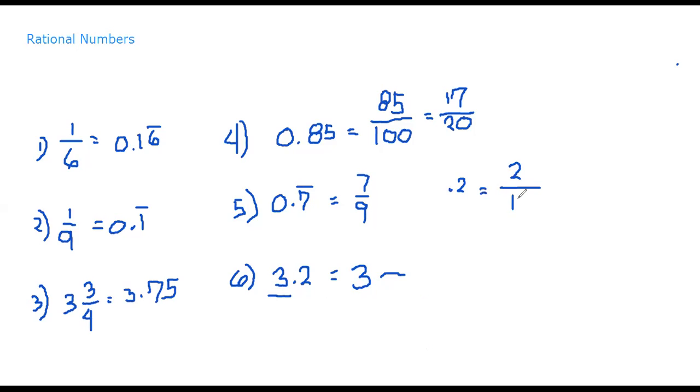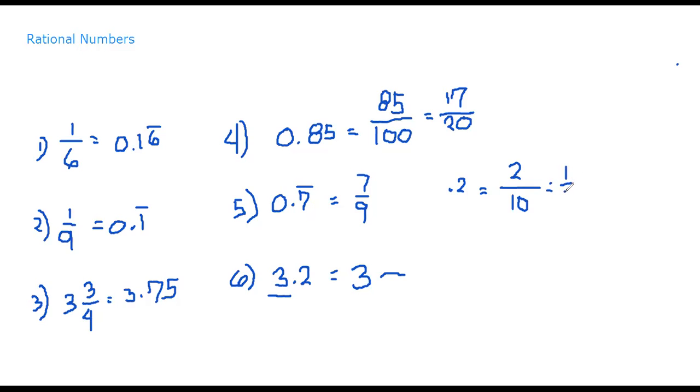But 2 over 10 have a lowest term. What is the lowest term of 2 over 10? Dale Justin, what is the lowest term of 2 over 10? Charmy. Sige. Tanya, what is the lowest term of 2 over 10? Sir, I think 1/5.